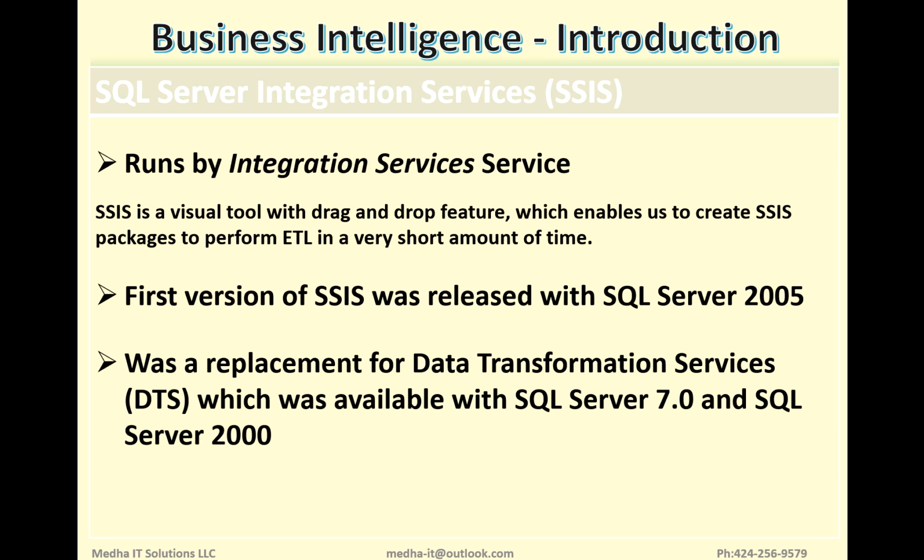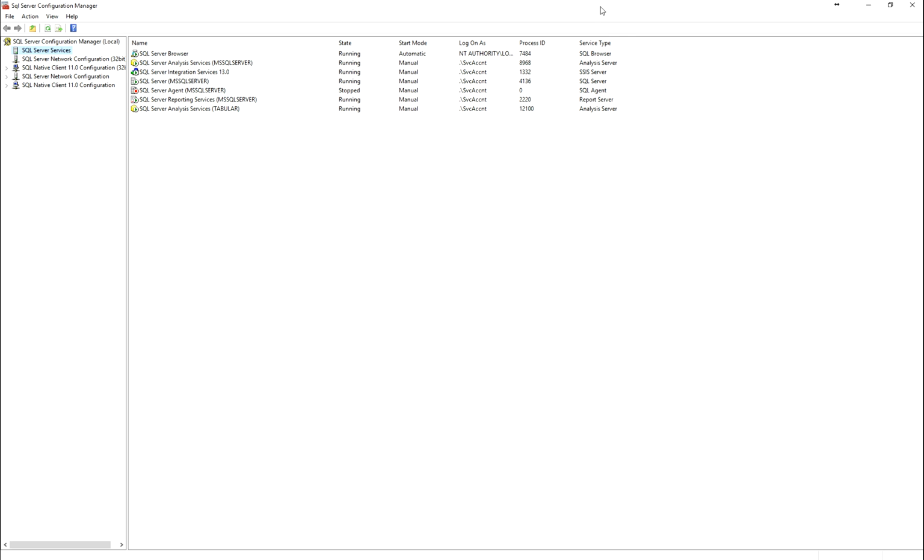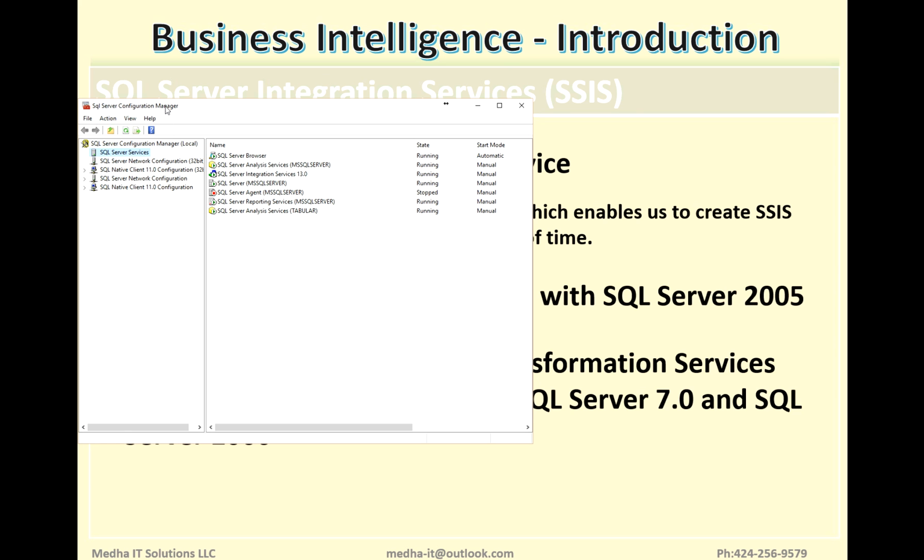SQL Server Integration Services runs by the Integration Services service. If you look at SQL Server Configuration Manager, you will see SQL Server Integration Services as one of the services. So for example, if I open my Configuration Manager, this is the SQL Server Configuration Manager.